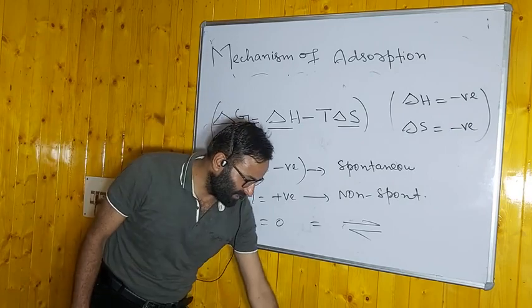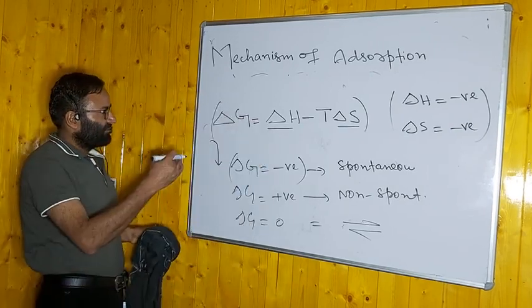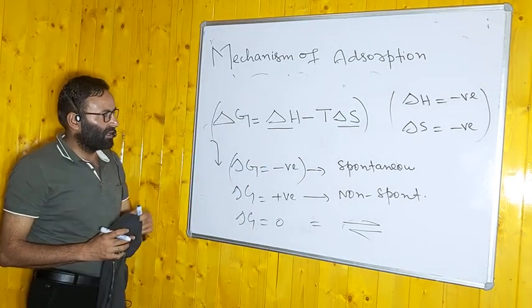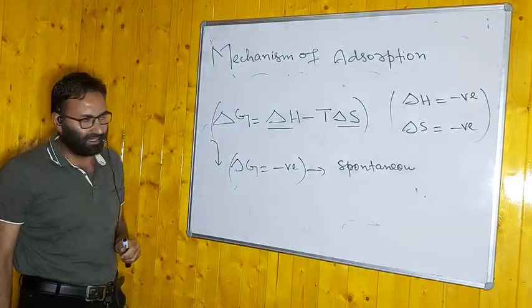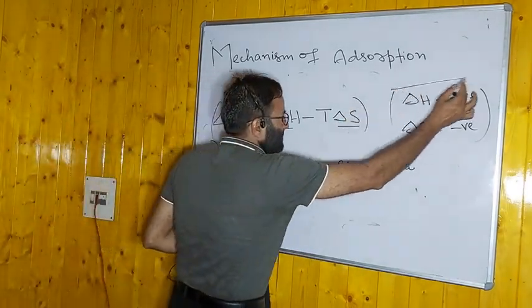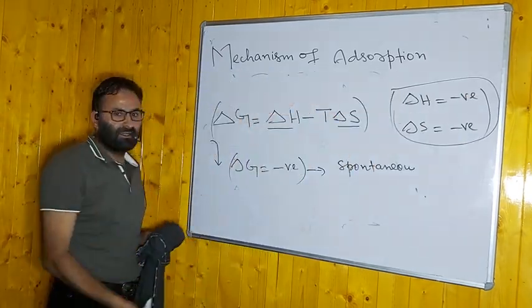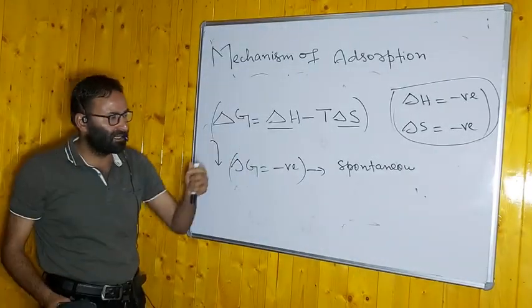Now we will see under which condition delta G will be negative and the process will be spontaneous. Here what is clear? During adsorption, delta H is negative, delta S is negative.